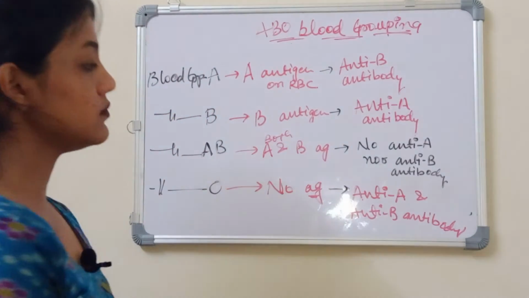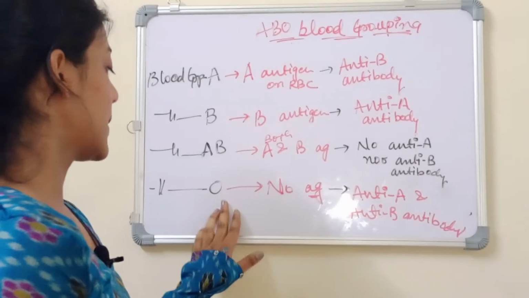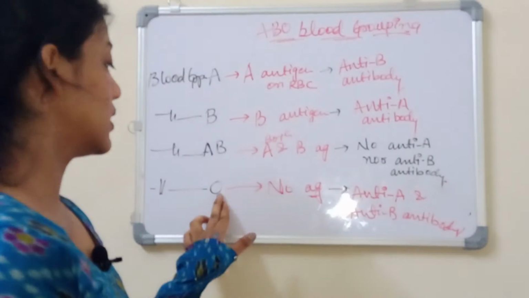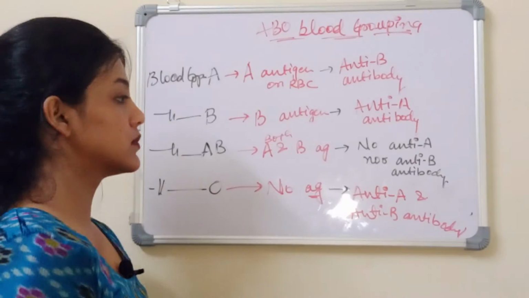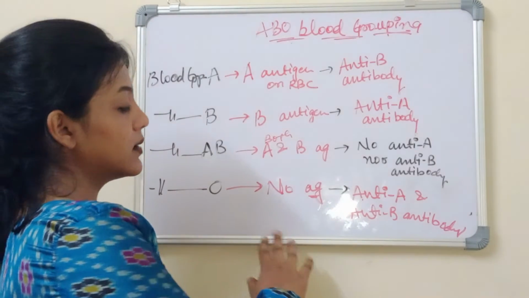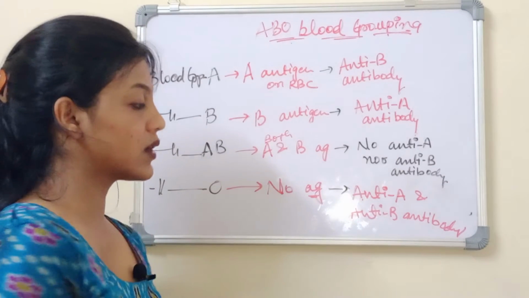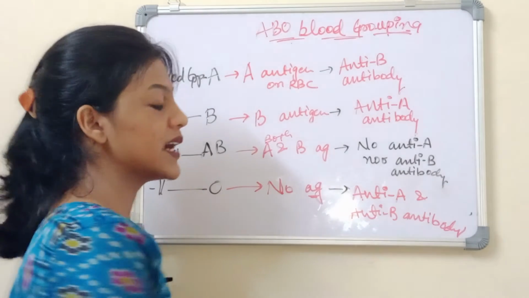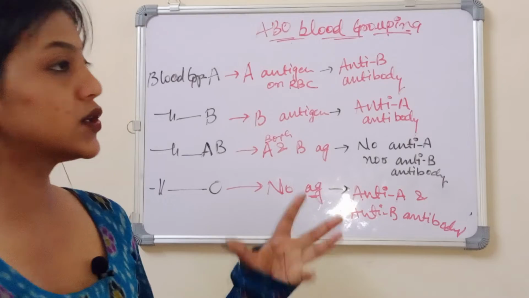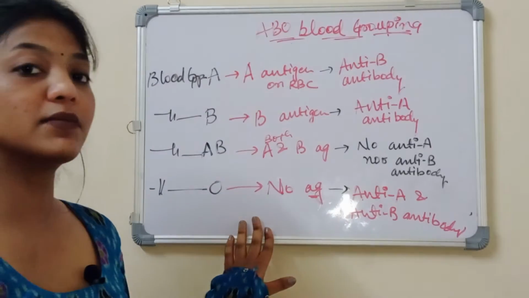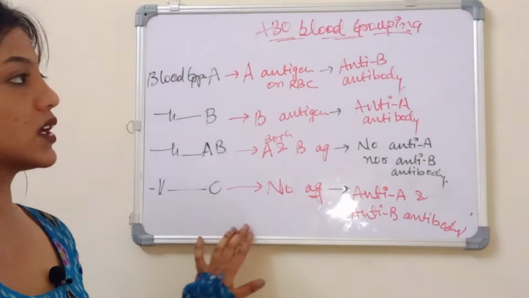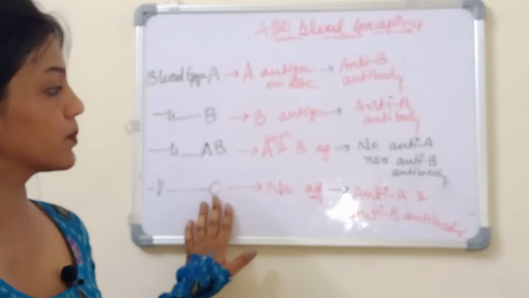Okay, it has no antigen. But if the person is injected with a blood group A or B, then there will be clumping, because there are anti-A and anti-B antibody, and that will lead to the clumping, and this can be a fatal situation, okay, for the person having the O blood group.